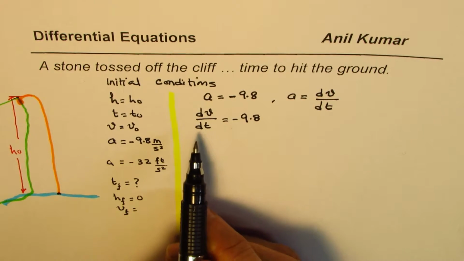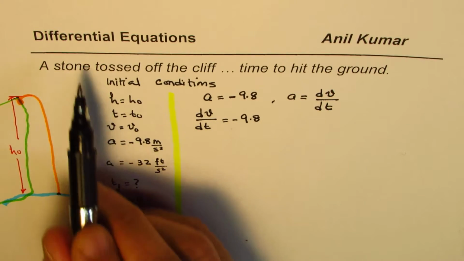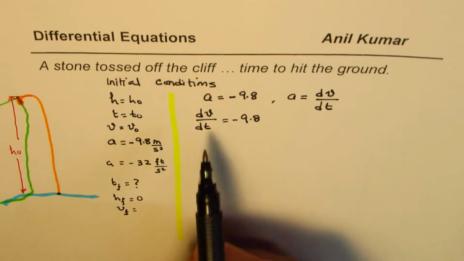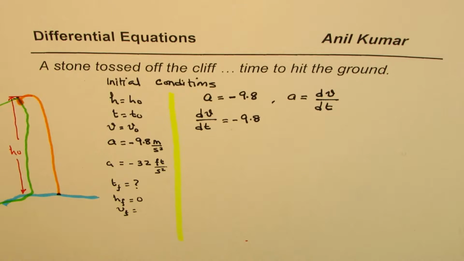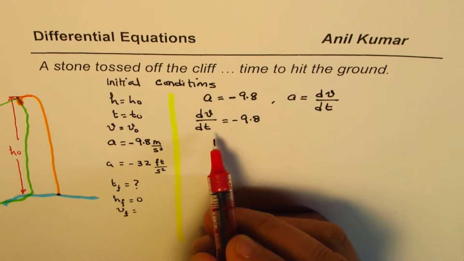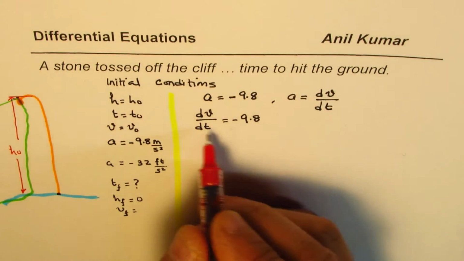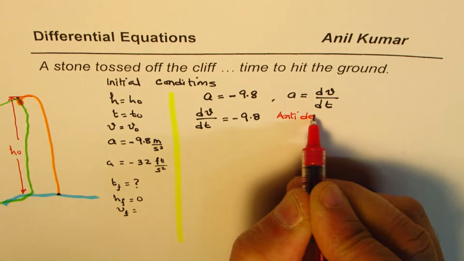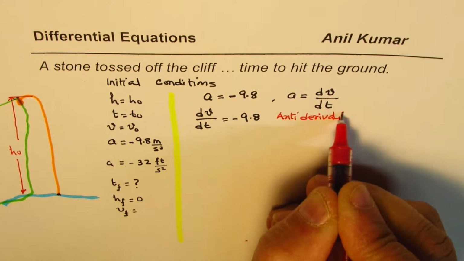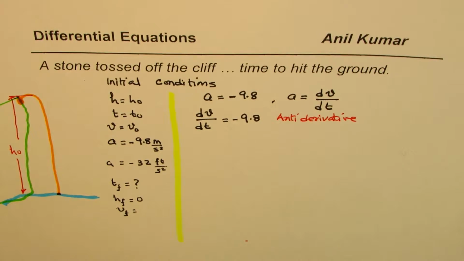Correct. Now we have a differential on the left side, so it becomes a differential equation. You will learn this as a first order ordinary differential equation. Now to solve such a differential equation at present, we can do antiderivative. So the process is to take the antiderivative. Those of you who have learned integration can integrate and get the result.